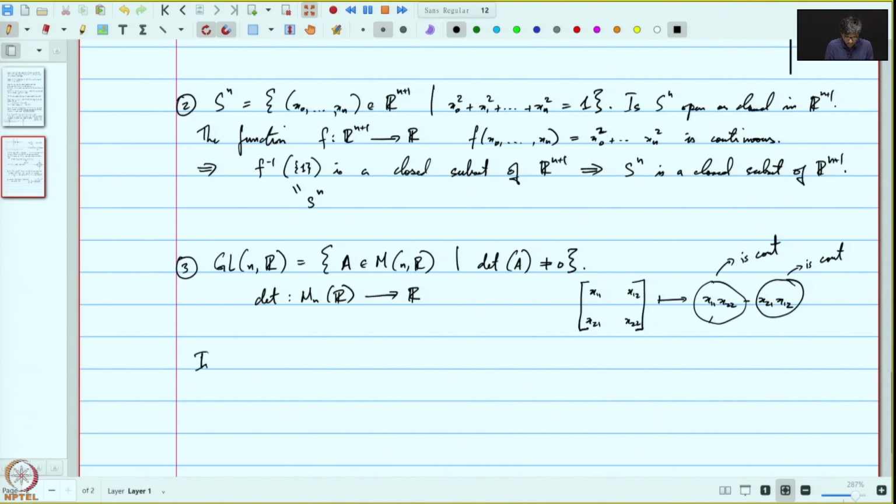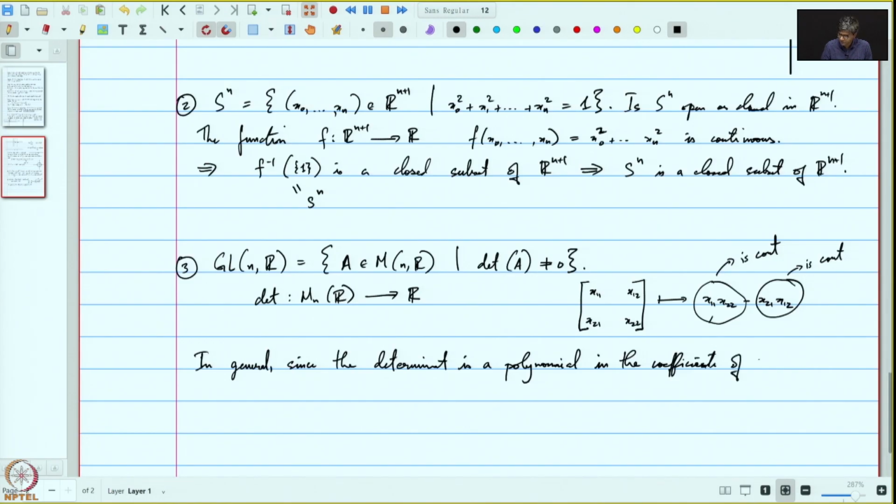Right. So in general, since the determinant is a polynomial in the coefficients of a matrix, right?